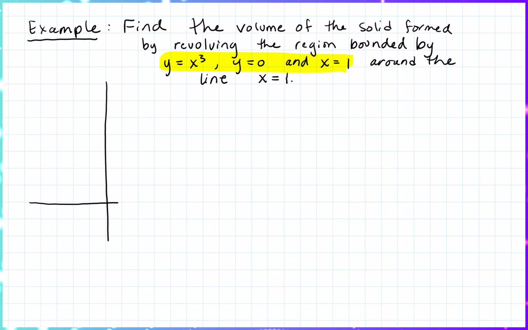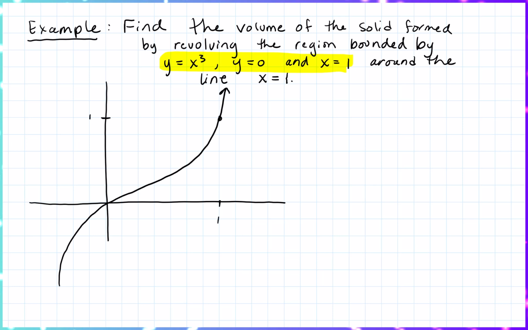We're going to be in the first quadrant here, and I'm going to go ahead and just say this is 1 and 1. Really zoom in here so we have a nice little visual. And that's the graph, y equals x cubed.